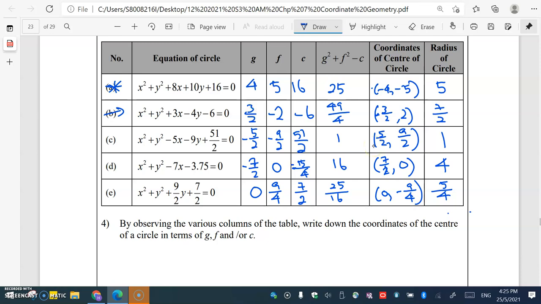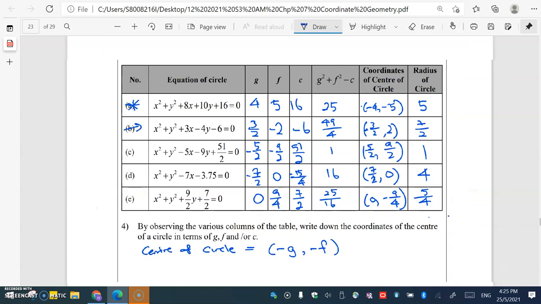Observe again the third circle, 2.5, G was -2.5. Center of circle, 4.5, the F value is actually -9 over 2. So if you compare and contrast the table, we observe that the center of the circle essentially is the negative value of G and the negative value of F.